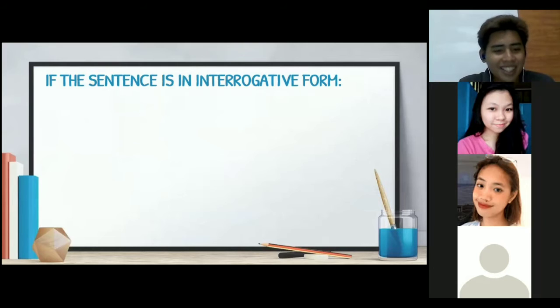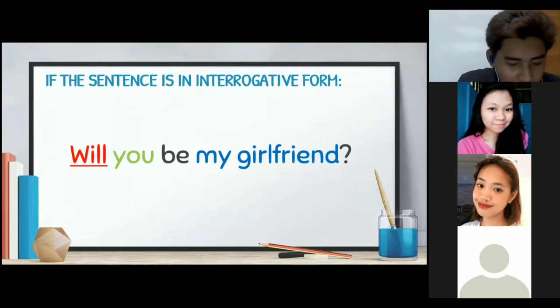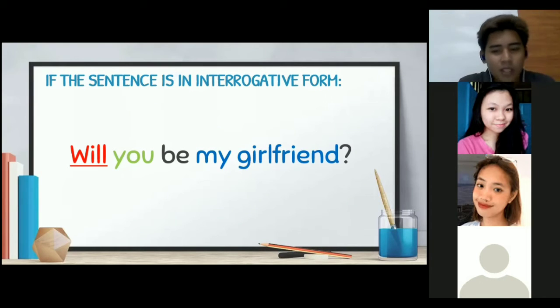If the sentence is in interrogative form, or in question form, let's take a look at this sentence: Will you be my girlfriend? As you can see, some words or phrases are highlighted in different colors, and the word will is underlined. We all know that will is a modal verb.